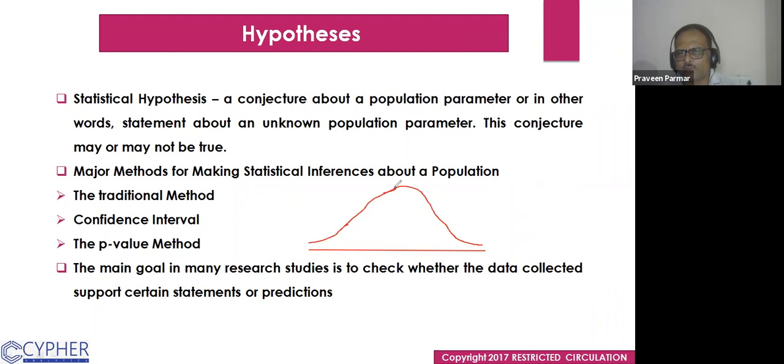Suppose it is a normal distribution. Here we have this center line. In the normal distribution, mean, mode, and median are all equal. So here is our mean.